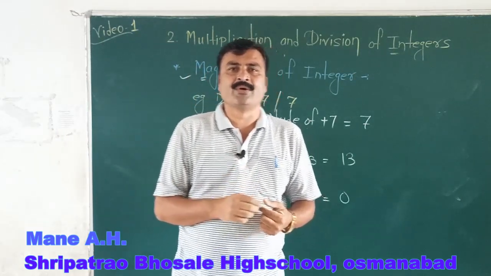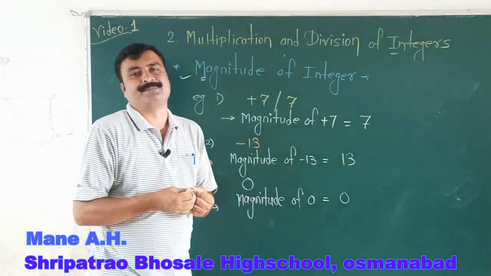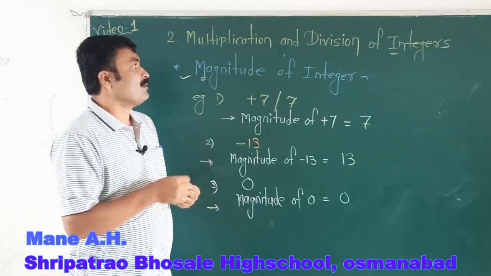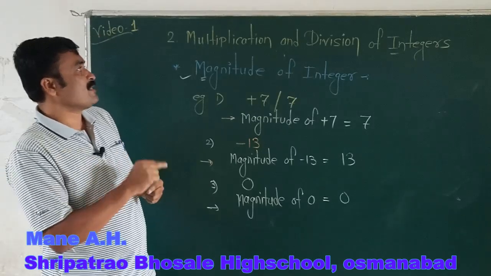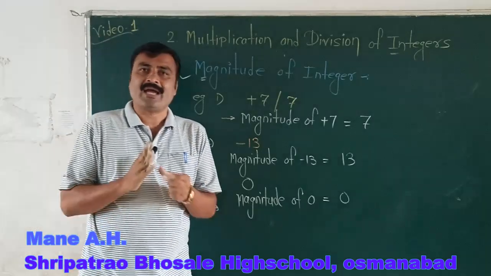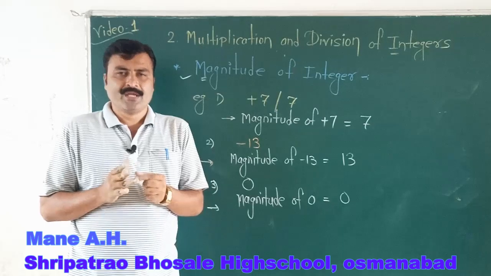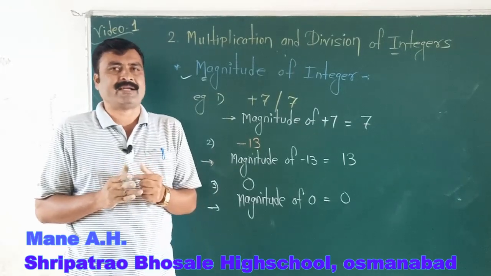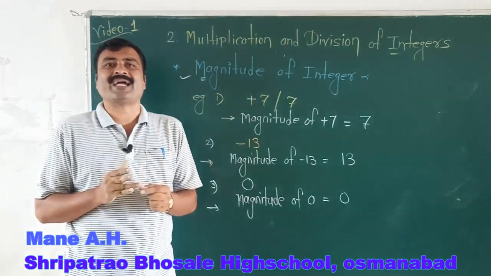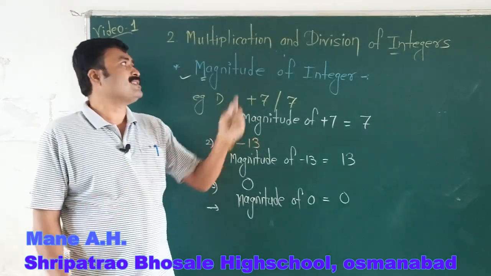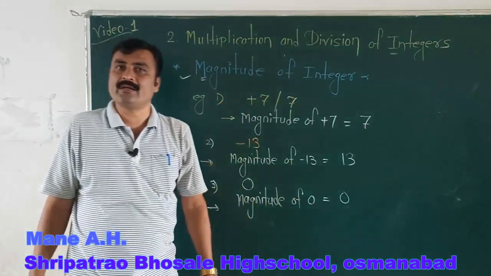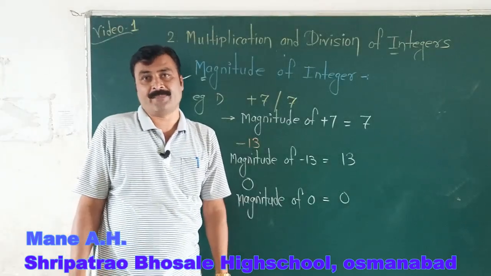In the second video, we revise the next part, the first two basic operations on integers, addition and subtraction. Now in our current 7th standard, we do not have addition and subtraction of integers. We have just multiplication and division of integers only.